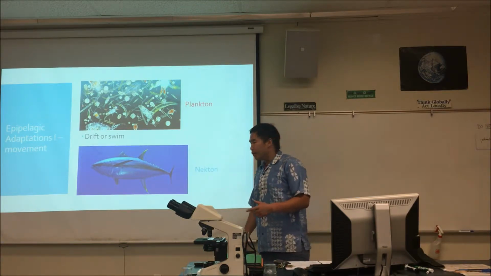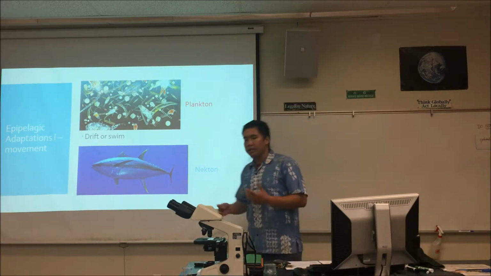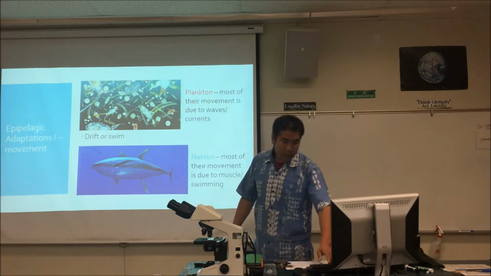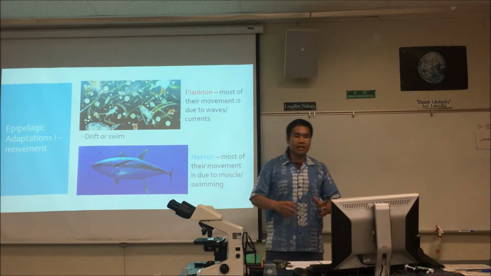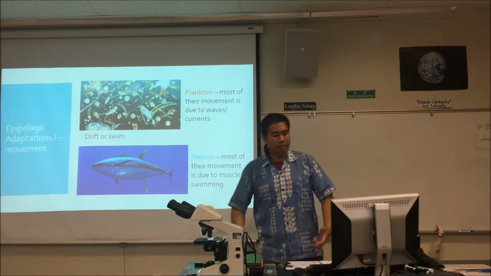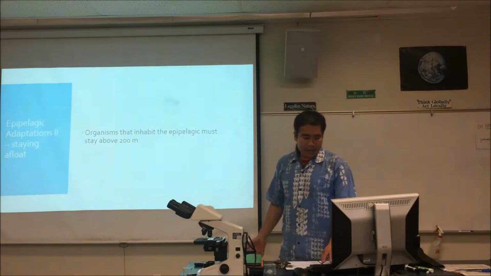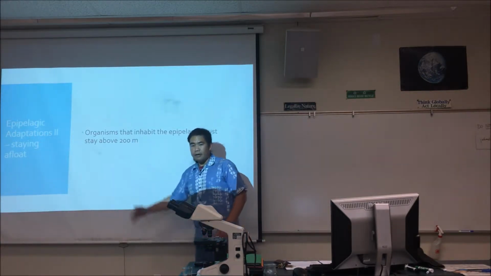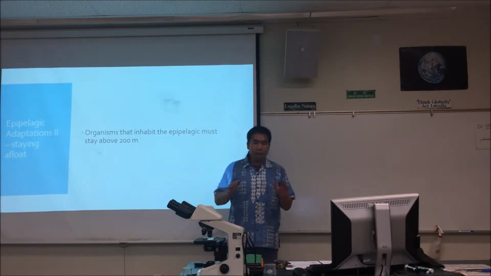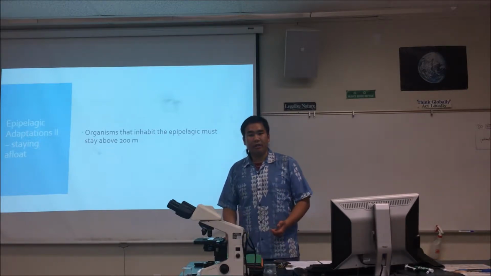Well, here's the thing. You can drift, you can swim, but the universal rule is you must stay above 200 meters. These things must find a way to stay in the epipelagic zone above 200 meters. So let's see all the ways they go about doing this. They have to stay here, even though there's no bottom. If there's no bottom, there's no substrate, then you can't rest, all right?